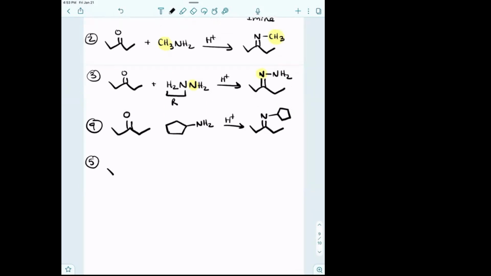Number 5, we have a benzene ring. Move this a little this way. We have the NH2, so H2N. And then next door to it, we have an NO2 and an NO2 here.